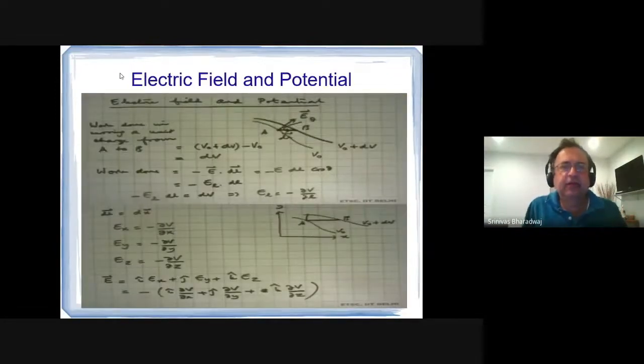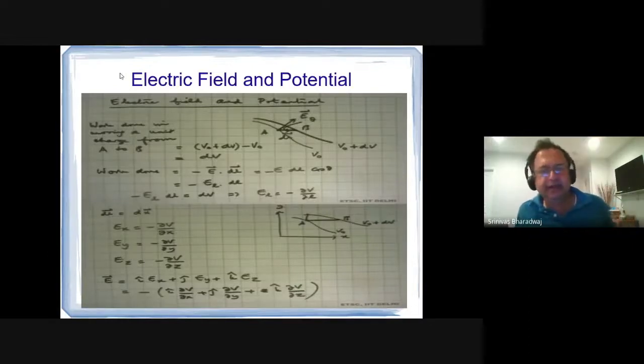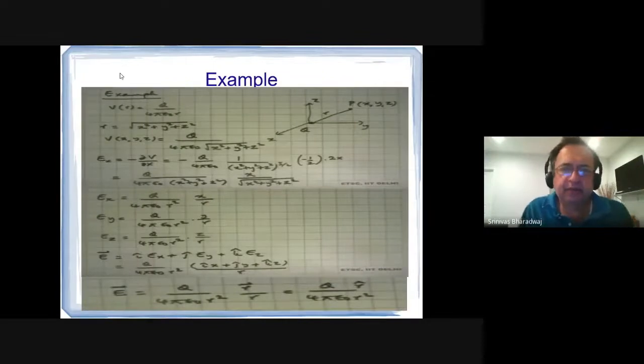Okay, so now work done in moving a unit charge from A to B is E dot dl. And dV by dx is E, so that was the relationship between electric field and potential, right?